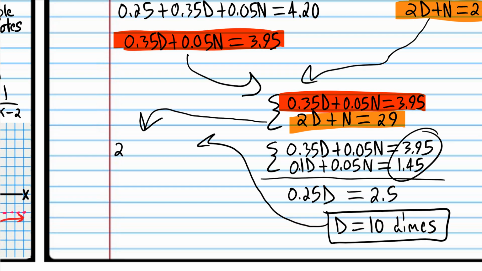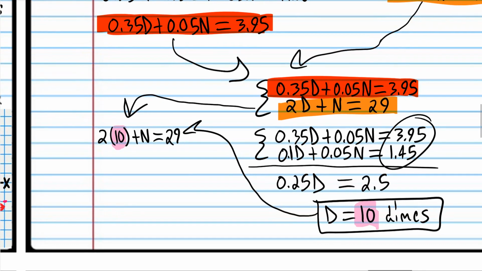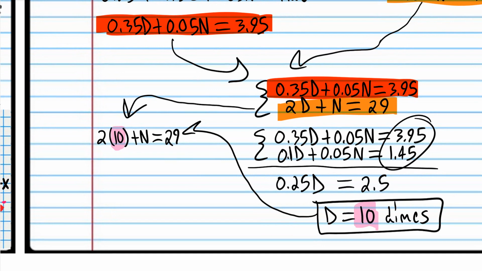So 2 times 10, that's the number we just found, plus the number of nickels is equal to 29, so we get 20, and subtract, and we get 9, so there are 9 nickels.